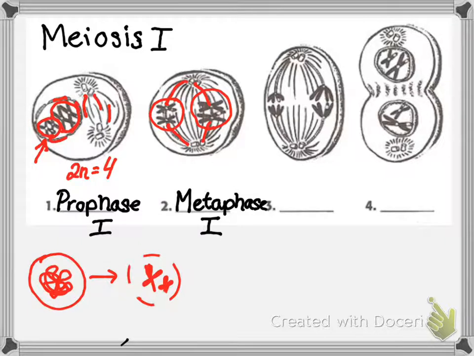The next stage is going to be anaphase 1. In anaphase 1, this is where our dividing of chromosomes really occurs. We are going to divide the homologous chromosomes.